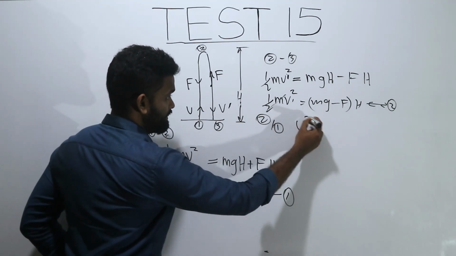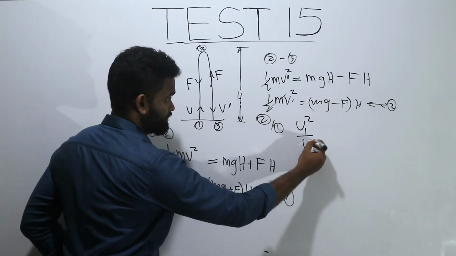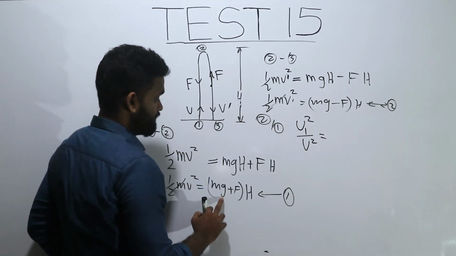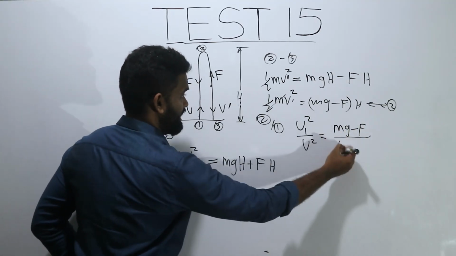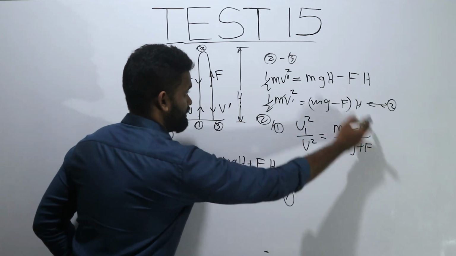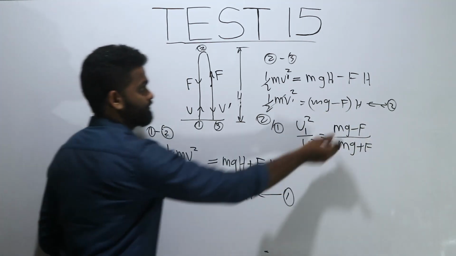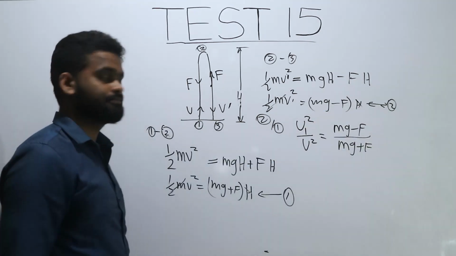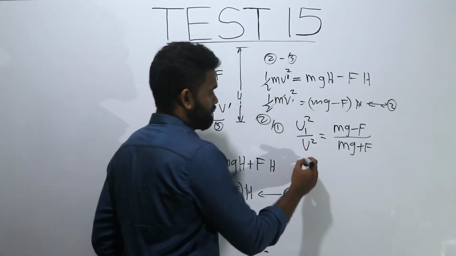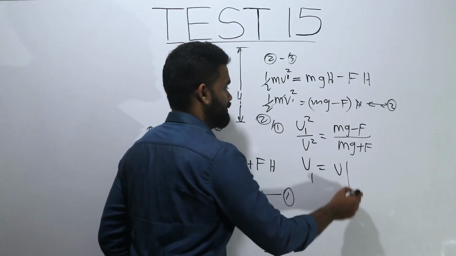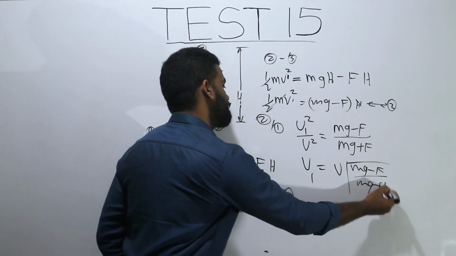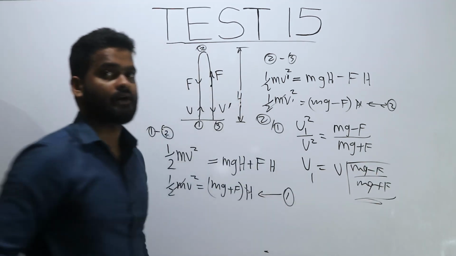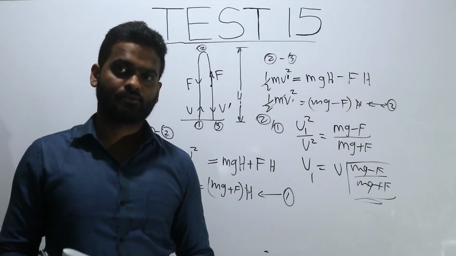Then you get v dash squared over v squared equals mg minus F divided by mg plus F. That capital H cancels off. Then take the root on both sides, so v dash becomes v times the root of mg minus F divided by mg plus F. This is how we find the velocity v dash.